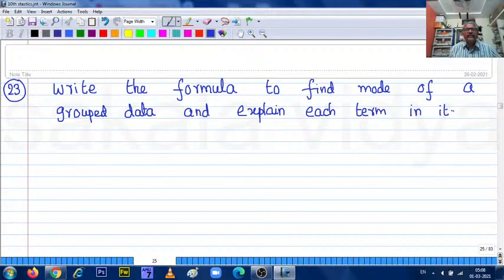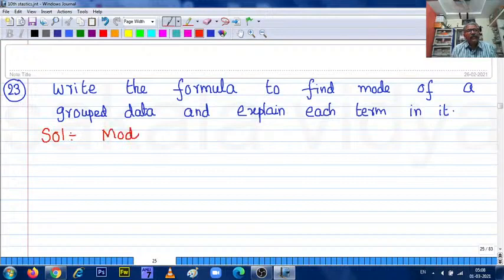So first let us write the formula to find the mode of a grouped data, and let us explain each term in it.